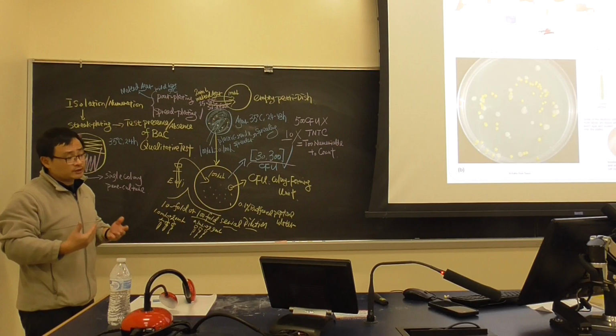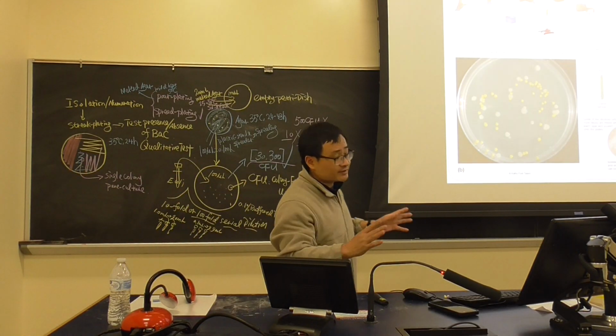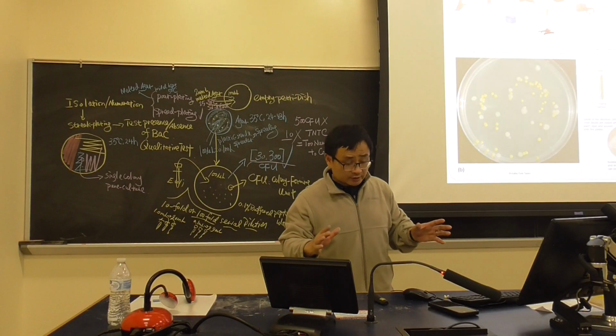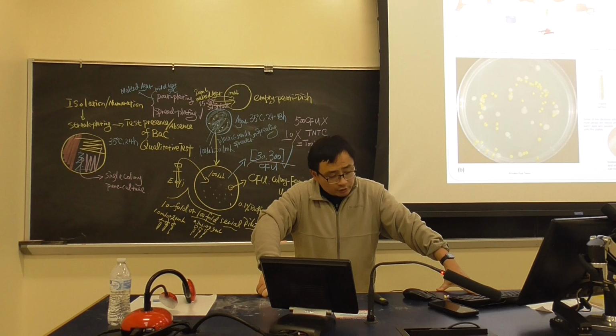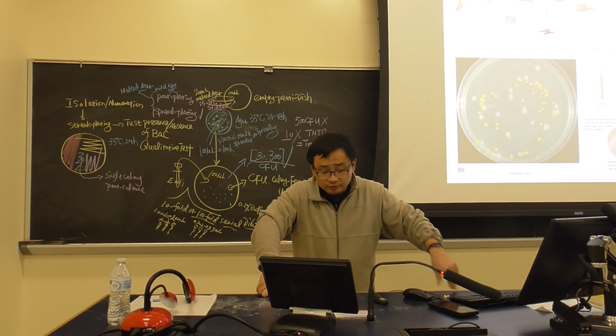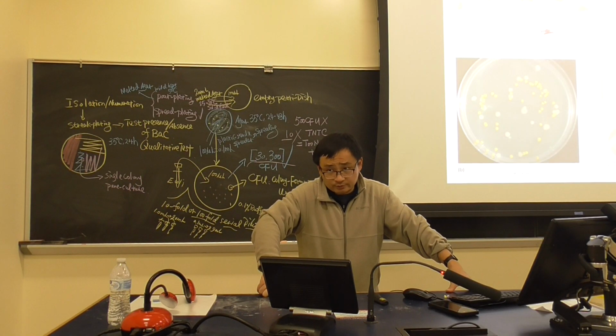So pour plating basically gives you an estimation of the number, how bad it is. For example, if I have a food product which is contaminated with Pseudomonas, a spoilage bacteria. I don't use a pathogen as an example because lots of pathogens are zero tolerance. Then I need to see how bad it is, so I do spread plating.